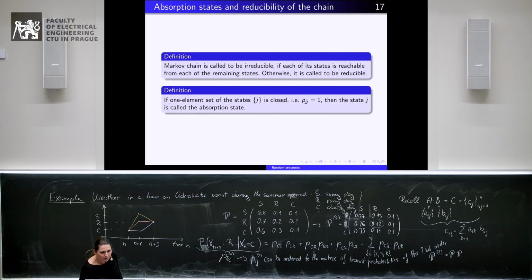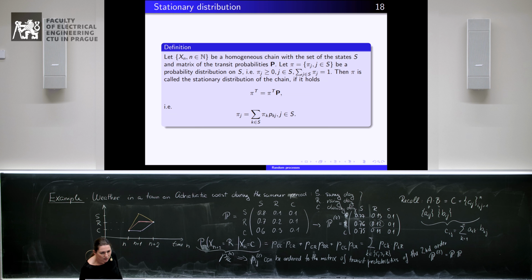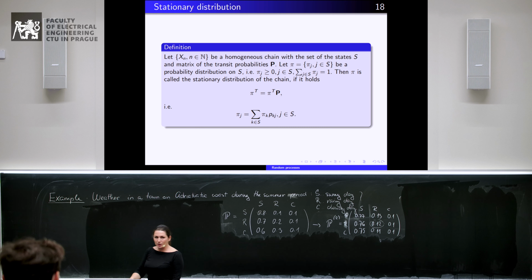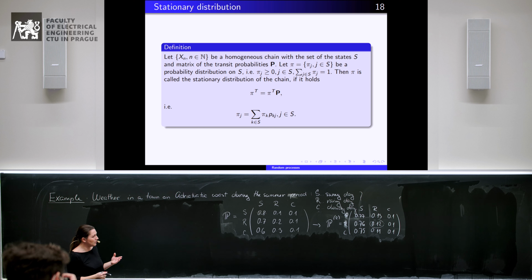I will skip this and let's go to the stationary distribution. As you can hear from the title, stationary distribution is connected to the stationarity of random processes.